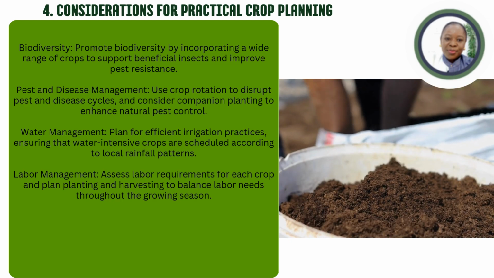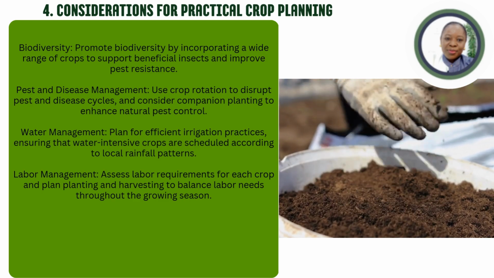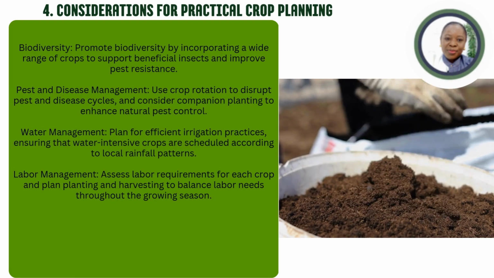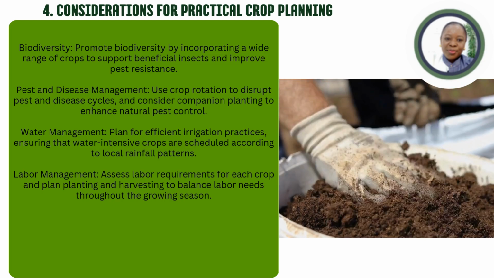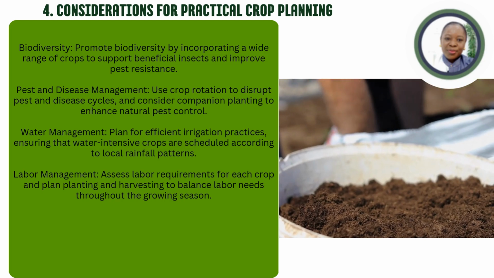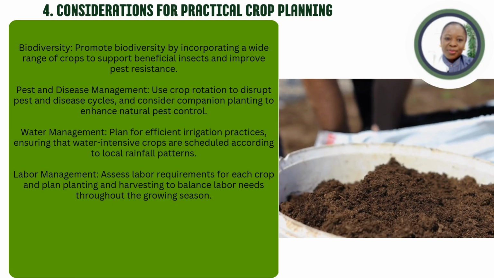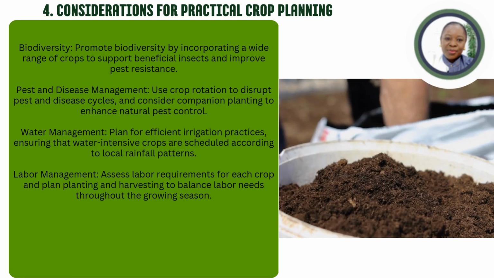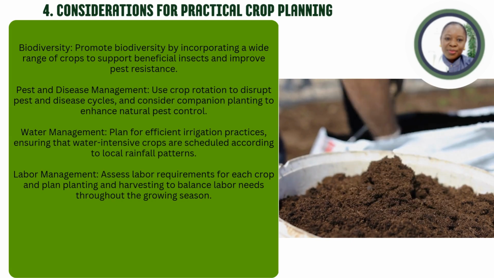Biodiversity. Promote biodiversity by incorporating a wide range of crops to support beneficial insects and improve pest resistance. Pest and disease management. Use crop rotation to disrupt pest and disease cycles and consider companion planting to enhance natural pest control. Water management.